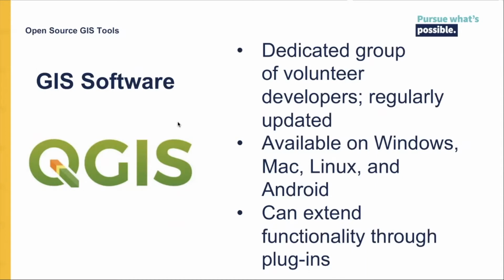The nice thing about QGIS is that there's a dedicated group of volunteer developers, and it's regularly updated. And it's available on a variety of platforms, including Mac, Linux, Android, and Windows. And if you want more functionality, you can bring in plugins into QGIS.